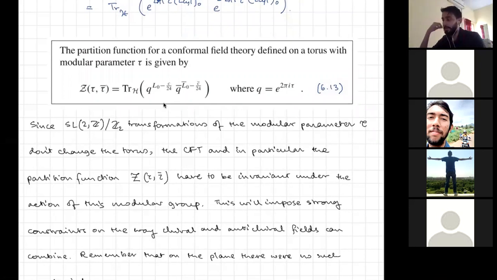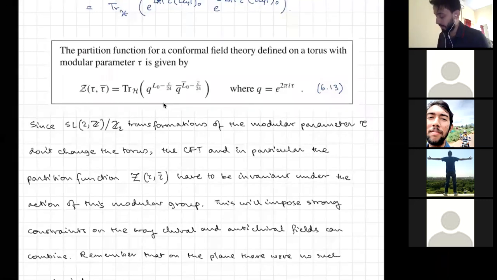So that's not a problem at all, and we didn't really have any way of imposing how the chiral and anti-chiral fields are going to fit together. We were just saying that there's this sort of factorization, and you just do this, and the other piece is just an identical thing.